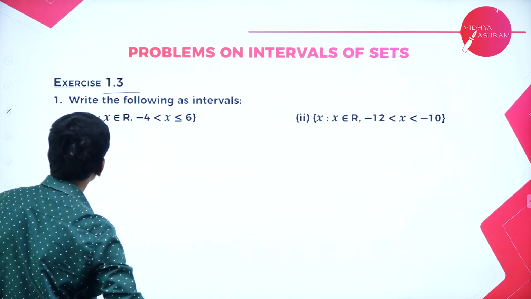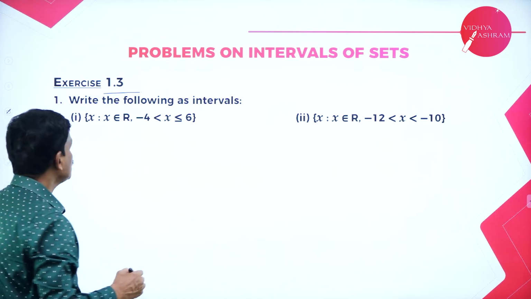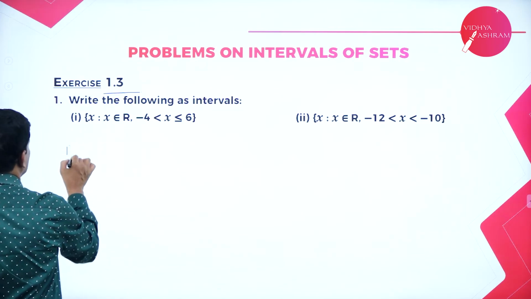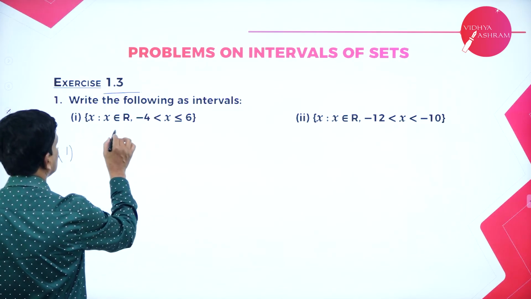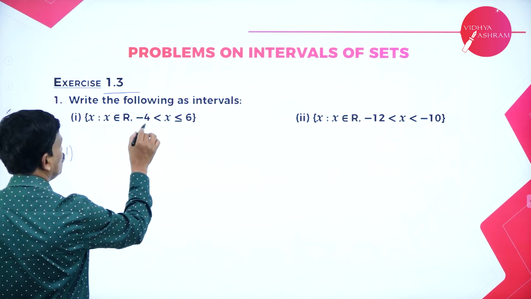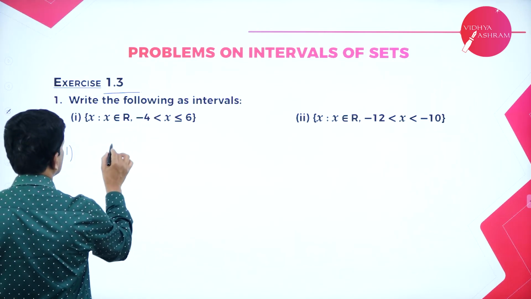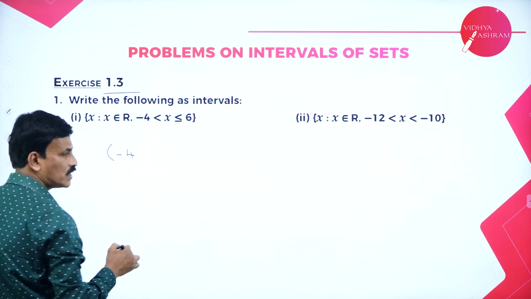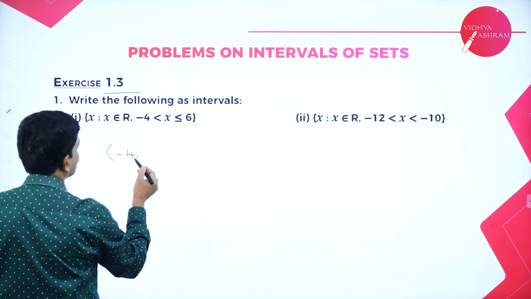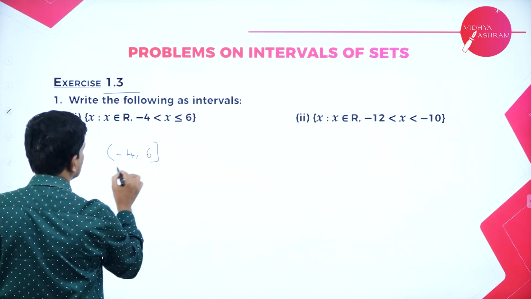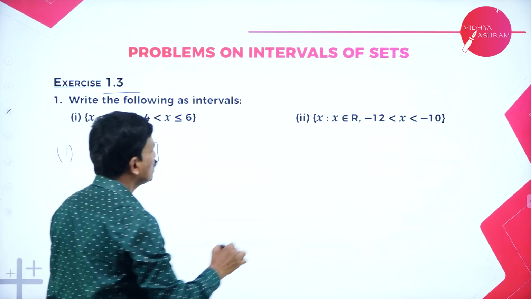First one, write the following as intervals. x such that x belongs to R and minus 4 less than x less than or equal to 6. This is semi-open, semi-closed: (-4, 6].